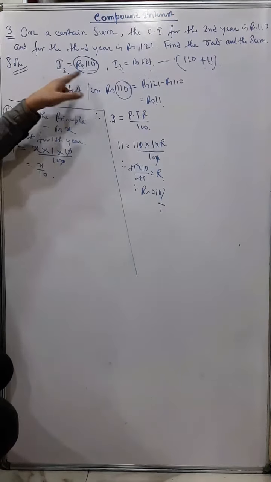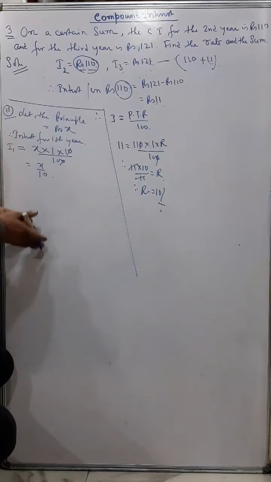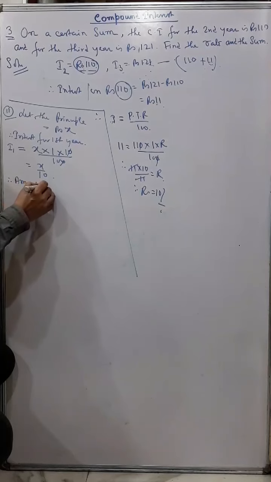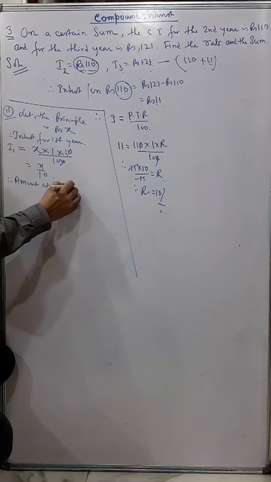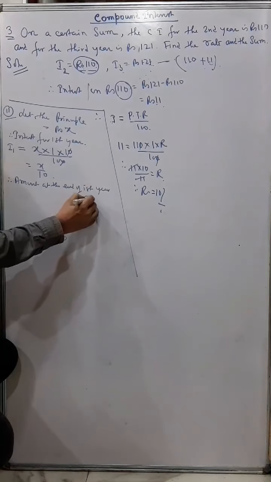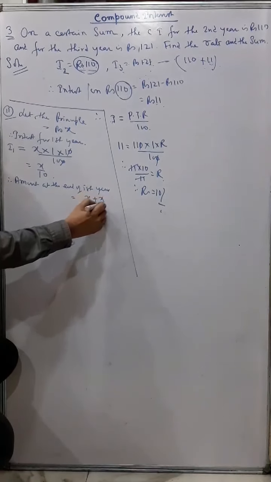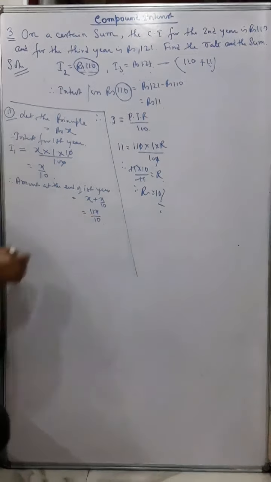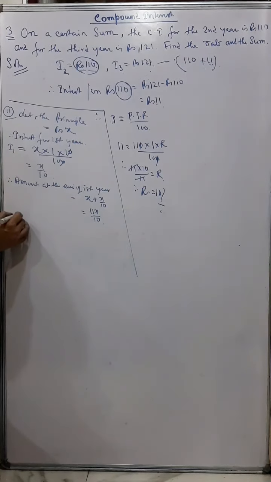But here I know I2, the second year. So I have to go up to that. So for that I need to know the amount at the end of the first year. Now the amount at the end of the first year becomes x plus x by 10, and after taking LCM we get 11x by 10, and then we will get the interest for the second year.